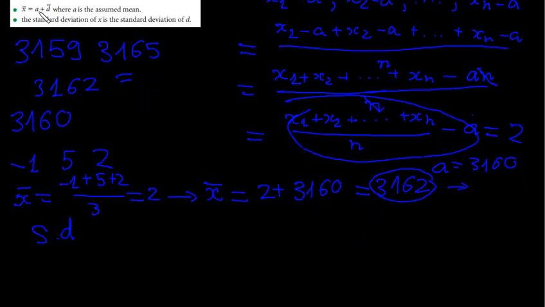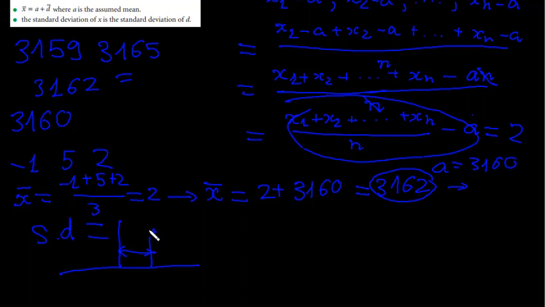For standard deviation, the standard deviation of x is the same as the standard deviation of d. Why is the standard deviation the same? The deviation is the distance of a value x to the mean, x bar.